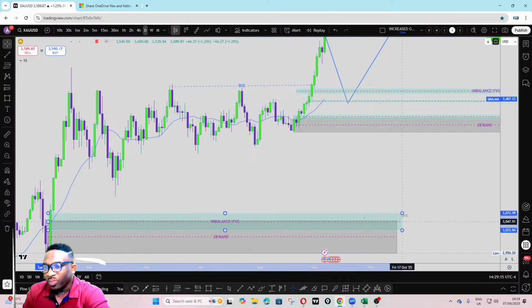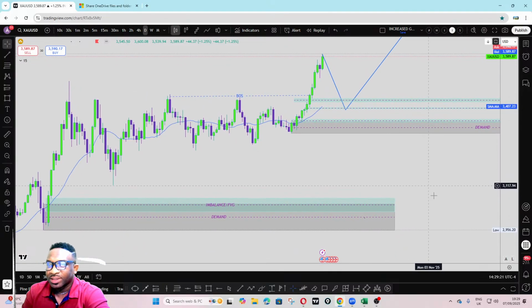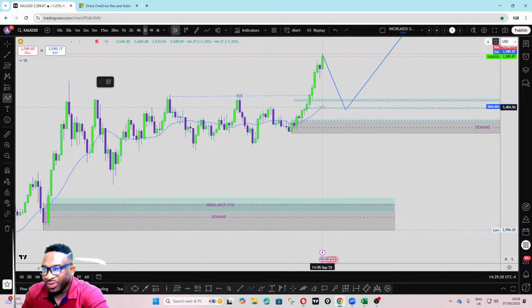So nevertheless, we will always trade what we see. Let me put it this way, as we have built this narrative, there's a chance that price could, if it wants to continue the uptrend, come back, fill this imbalance here, and then continue to the upside.